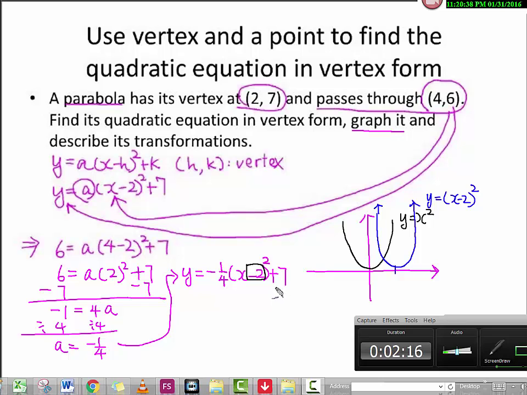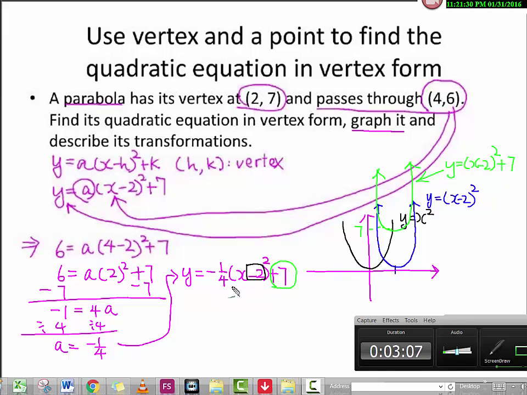The next transformation is 7. This represents a translation of 7 units up. I'm going to use green right here, then on scale. Okay, so 7 is right here. The green represents y equal to x minus 2 whole squared plus 7.